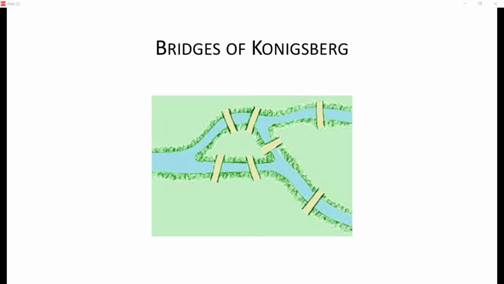There's an island right at the confluence, and then the combined rivers flow out of that. Sort of similar to Montreal. If you go to Montreal, it's an island, and there are a couple of rivers around it. But anyway, at the time, there were 7 main bridges in the city of Königsberg.